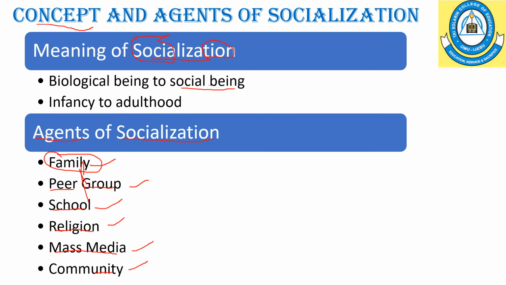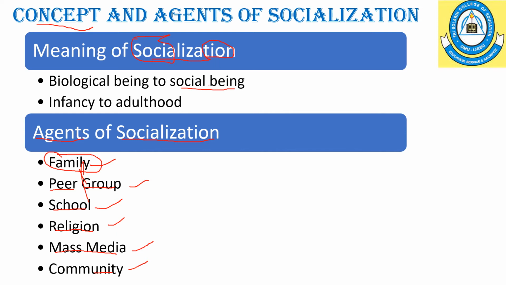So school plays a major role in socializing a child. They complement the effort of the home, and they give intellectual and social training for the child. Thank you very much. Let's move to the next one.